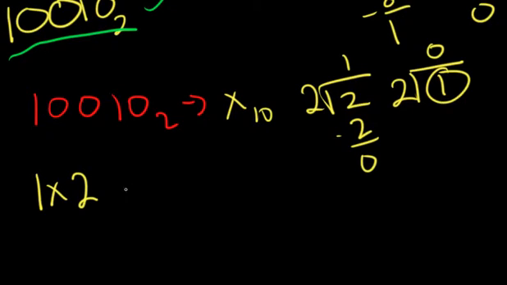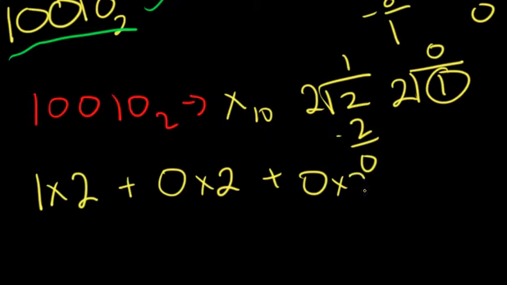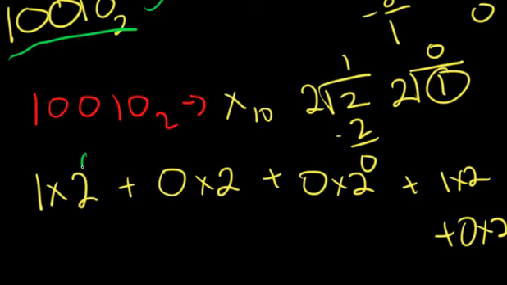Plus 0 times 2 plus 0 times 2 plus 1 times 2 plus 0 times 2. And now we can go and fill in the exponents that are supposed to go here. So this exponent will be 0, 1, 2.